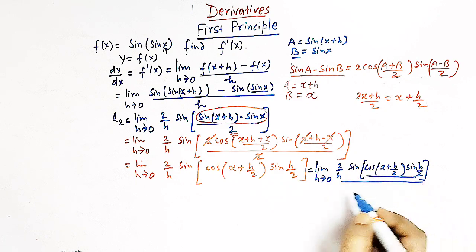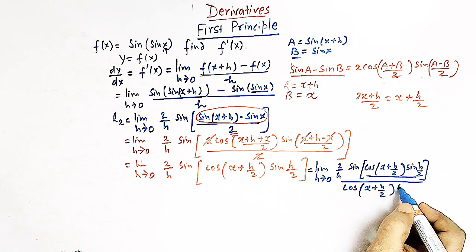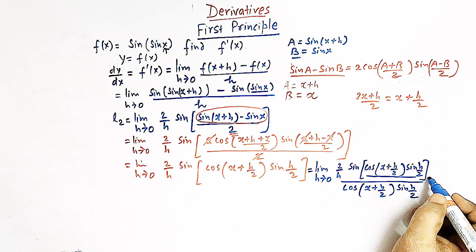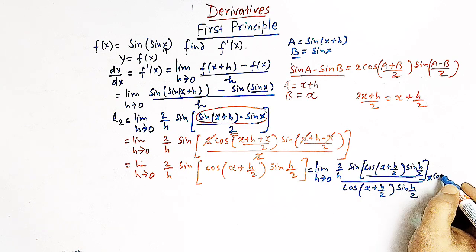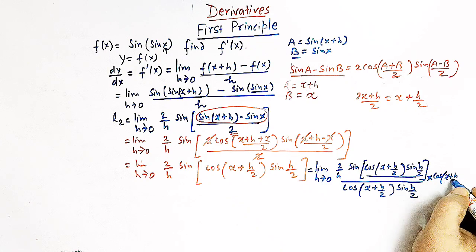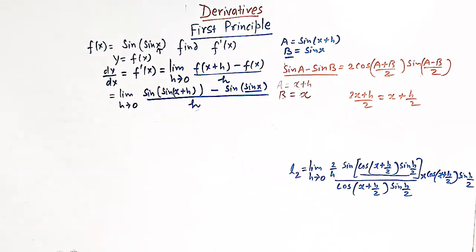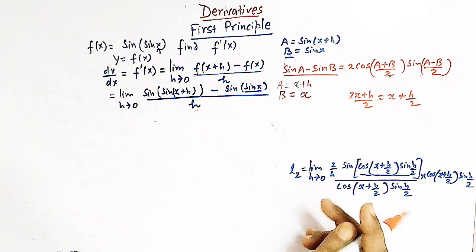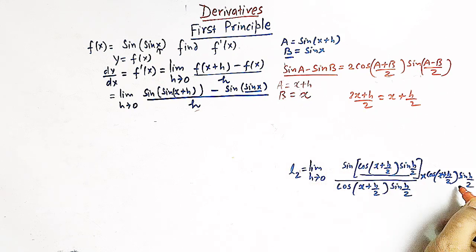So we can now write here cos(x plus h over 2) sine(h over 2), and to cancel out this term we'll multiply here by cos(x plus h over 2) sine(h over 2). In the next step, we'll take this term, that is 2 over h, over this term, that is here we can write h over 2.